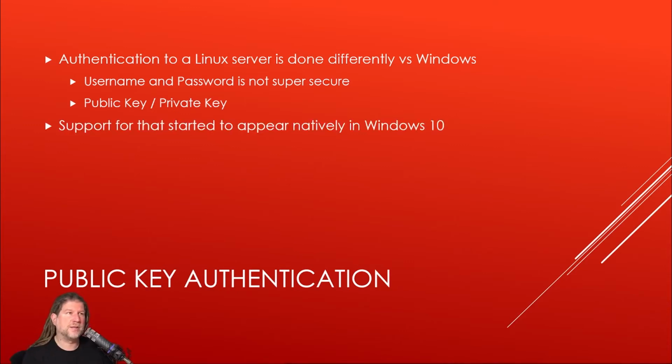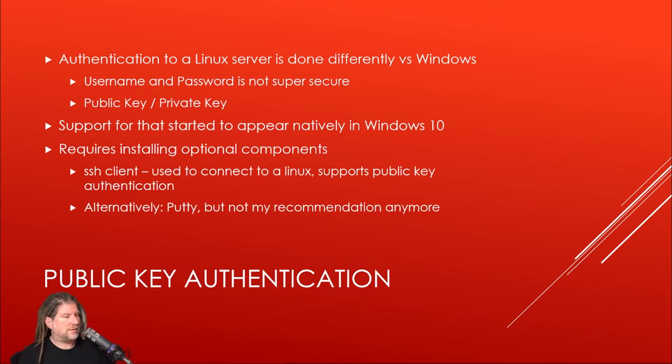And Windows is starting to have support for generating a public and private key pair and using SSH to connect to a remote server. That started to appear natively, provided by Microsoft, beginning with Windows 10.